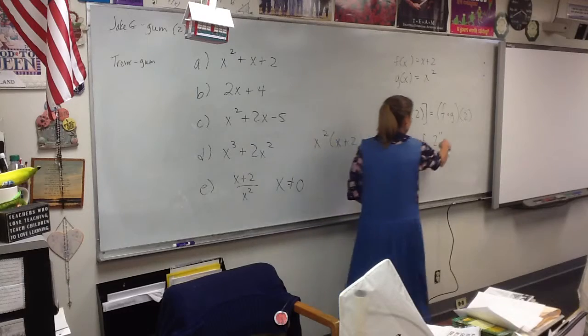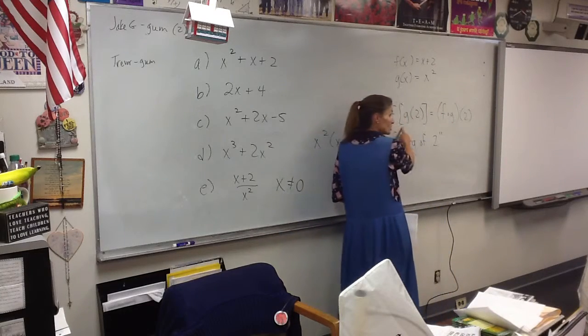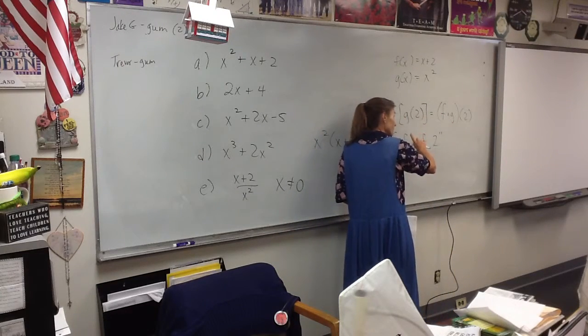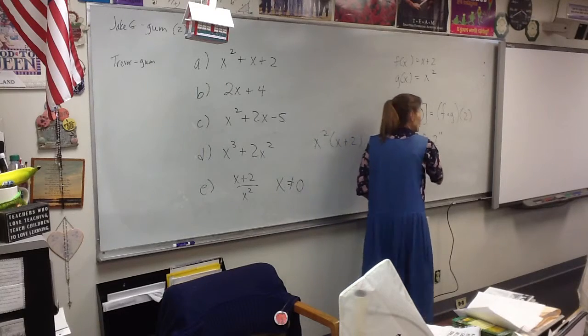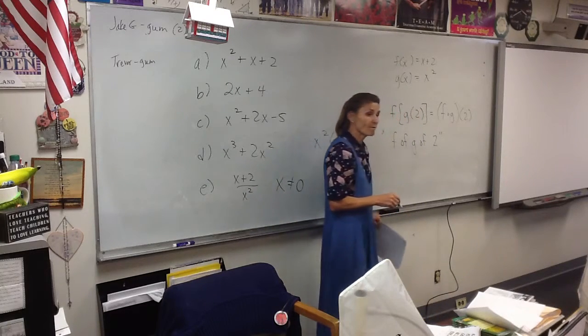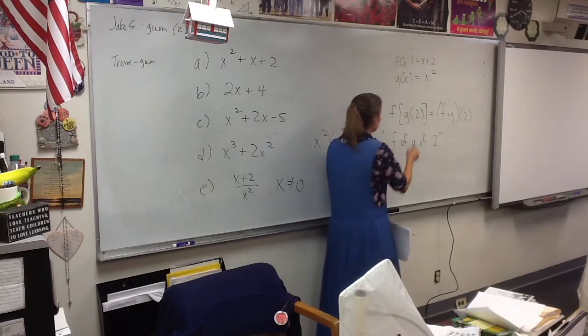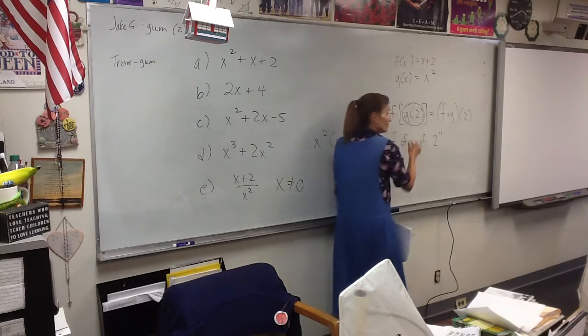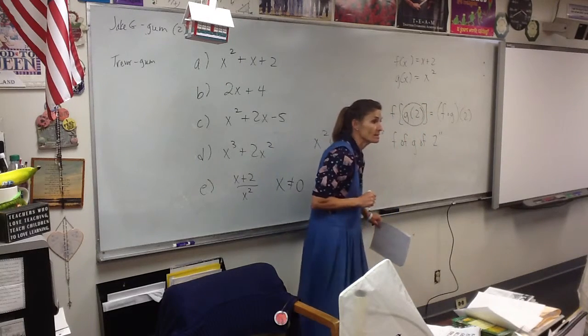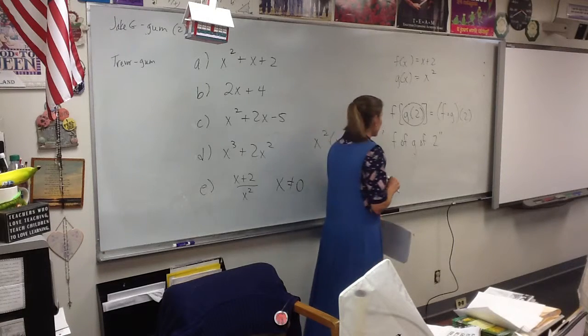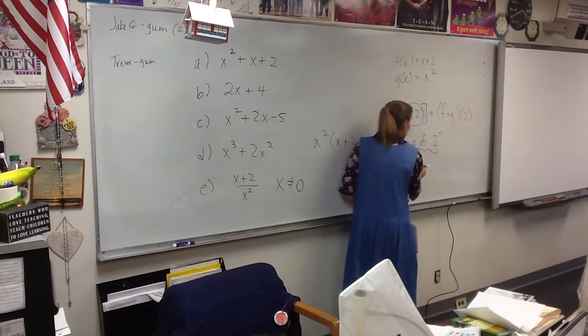So if it's written this way and you don't like it, you can write it this way, and vice versa. Now when you are evaluating this, you start right here. Start with the letter closest to the number and figure out what that is. What is G of 2?